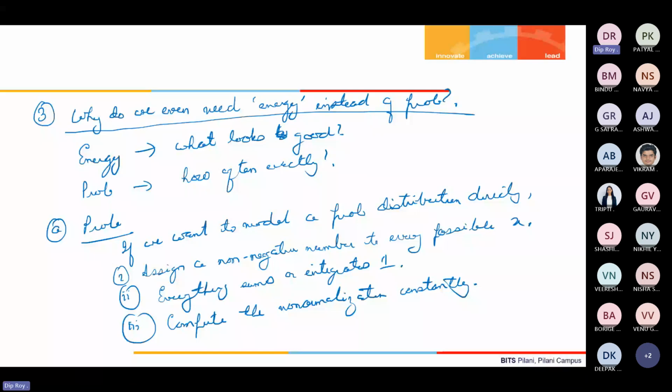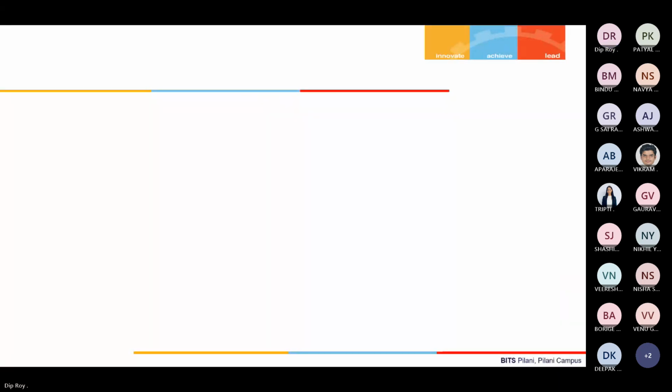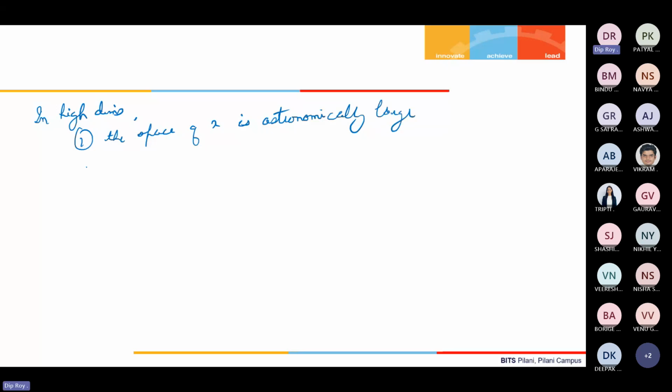Now, what happens in high dimensions? The first thing is that the space of X is astronomically large. Number two, normalization is expensive or intractable.